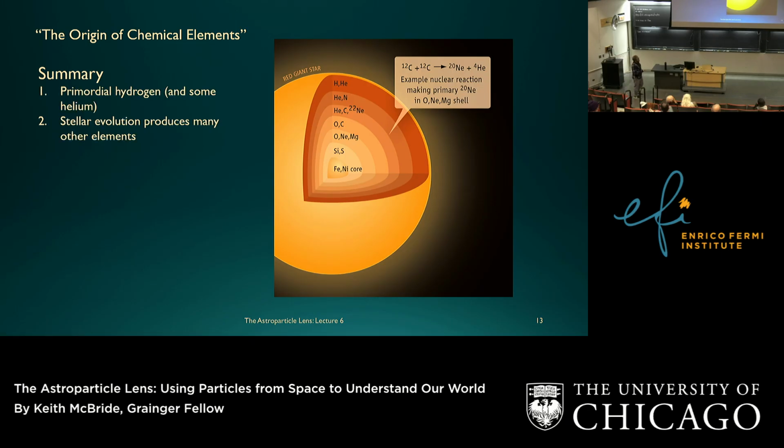Right? And so this is the kind of summary that we have of what the origin of the chemical elements is. So the heavier elements are not from the Big Bang. They're actually from stellar nucleosynthesis.